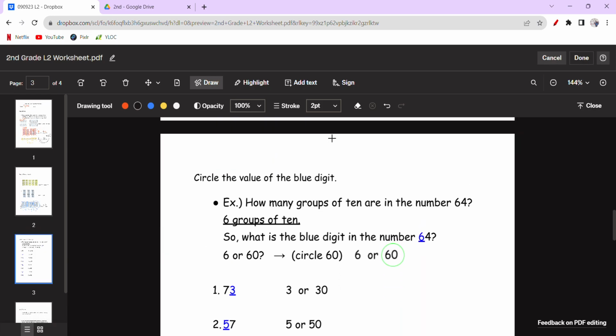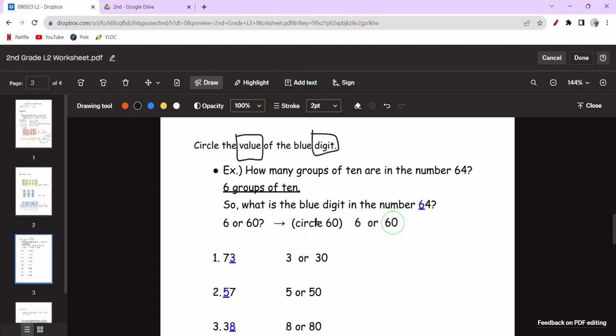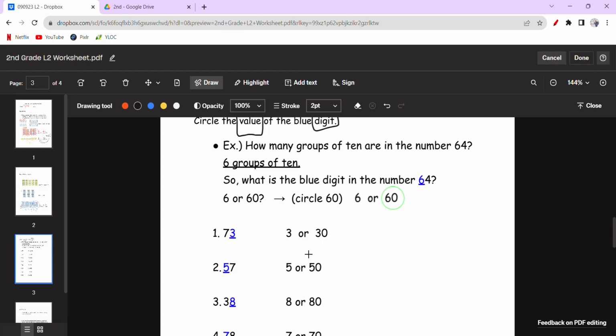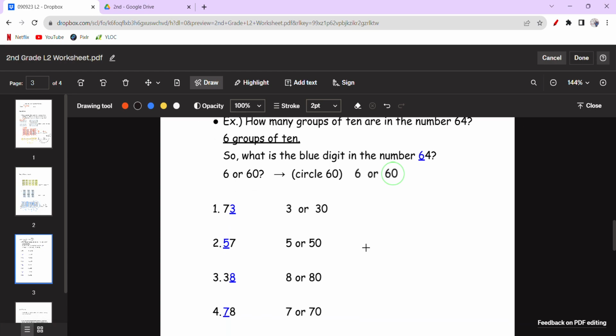Okay, now we have to know the value of a digit, okay? So basically we have to find the underlined blue digit and what their value is, okay? So either it's in the tens place or the ones place. Usually the tens place are always before the ones place.